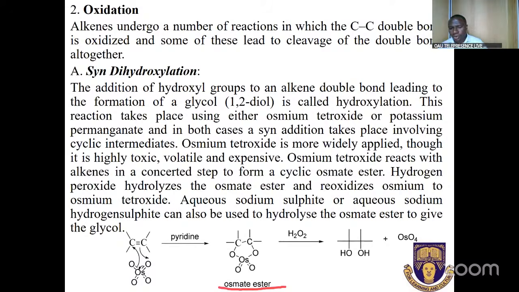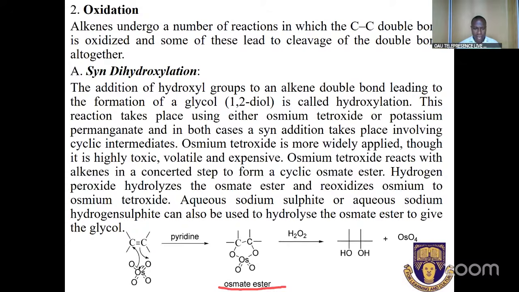Once that osmate ester is formed, in the presence of hydrogen peroxide, the osmium tetroxide is more or less cleaved off, and what we then have is a glycol, or what we call a 1,2-diol. We have the formation of a glycol, which is also known as a 1,2-diol.